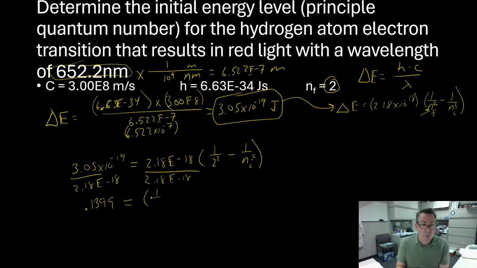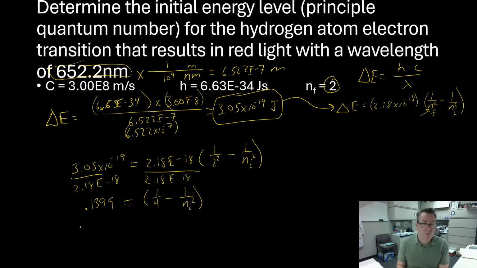And that's equal to 1 over 4, that's my 1 over 2 squared. So if I do 2 squared, that's where the 4 is coming from, minus 1 over ni squared. All right, so the next thing we're going to do is move this 1/4 over to this side.